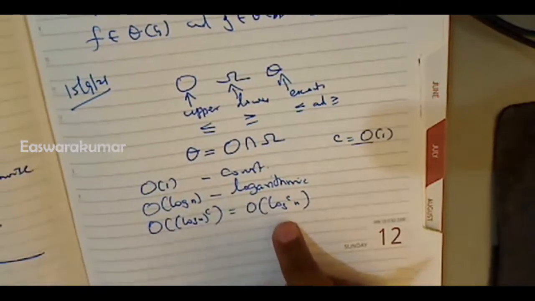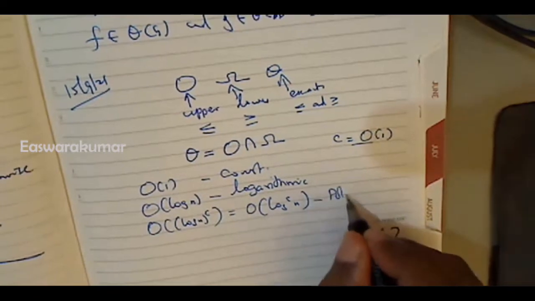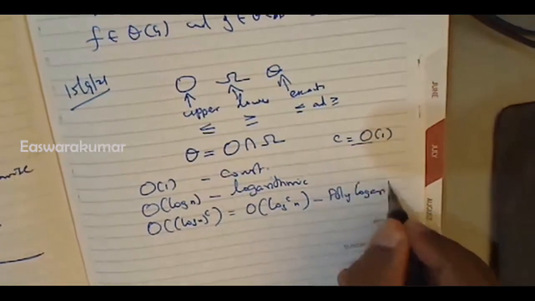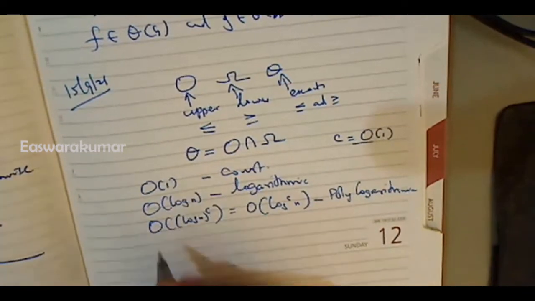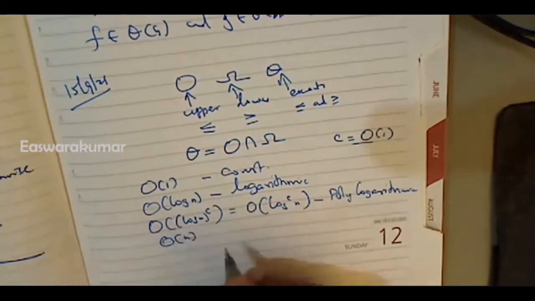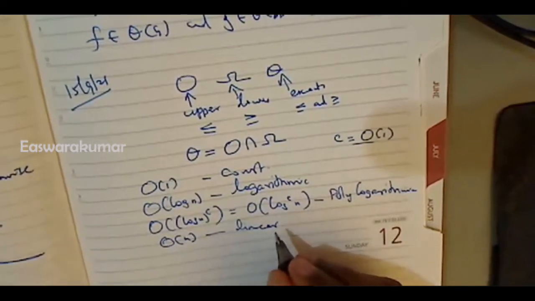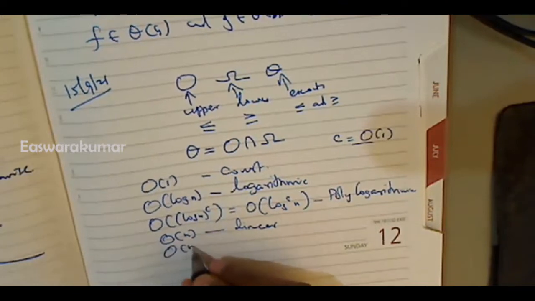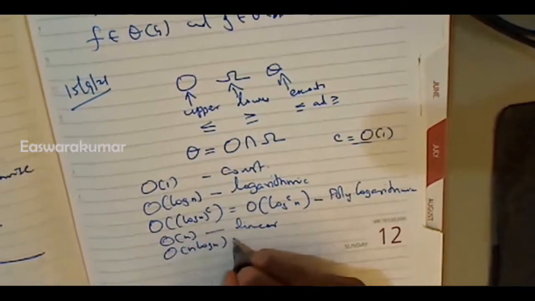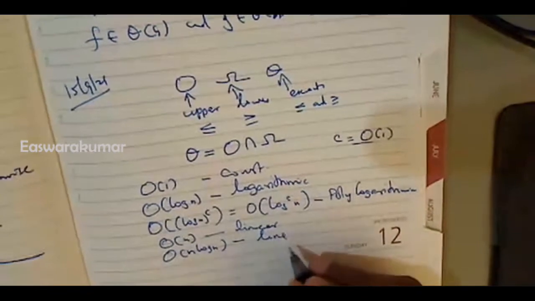Mostly we use this notation. And if the complexity is like that, then that is called polylogarithmic. And if the complexity is order of n, then that is called linear.